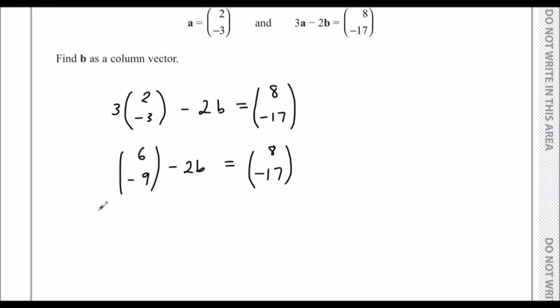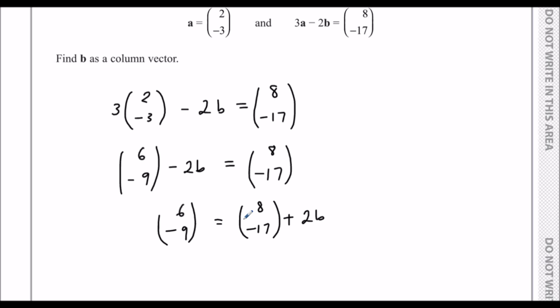I'm going to add 2b to both sides. I don't really want negative 2b. I want to make it positive, so I'm going to add it to both sides. So I get (6, -9) equals (8, -17) plus 2b.